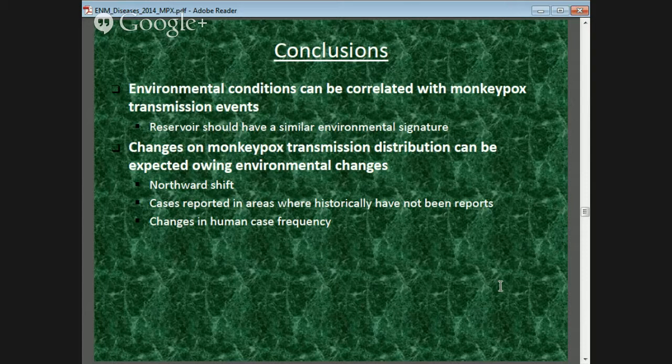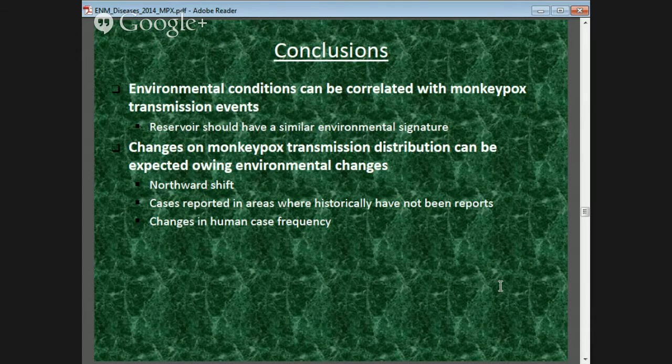So here we have seen that our algorithms can pick an environmental signature that can be used to find suitable areas for monkeypox transmission.